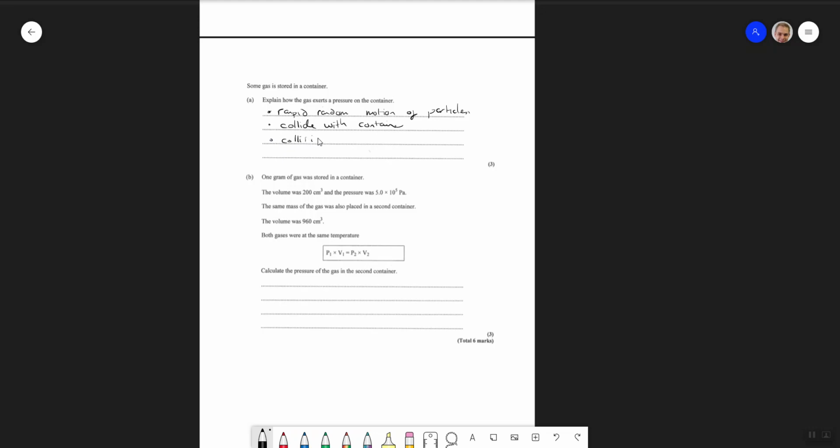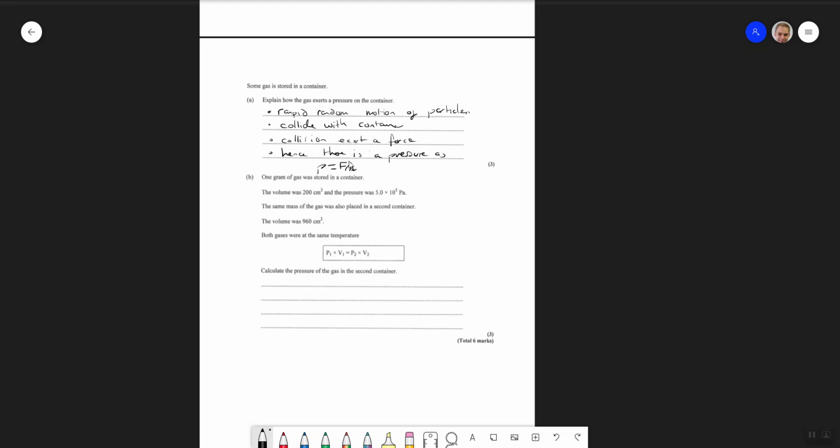Collisions exert a force, hence there is a pressure, as P is F over A or something like that.